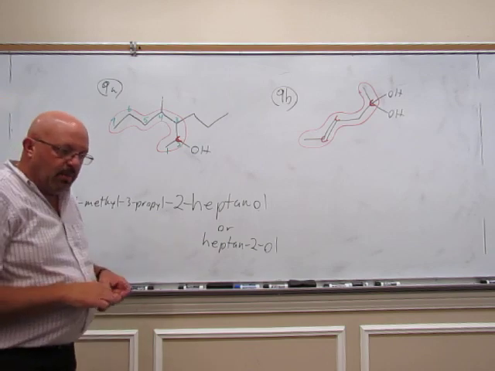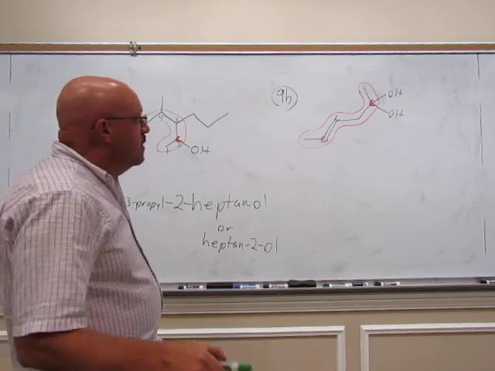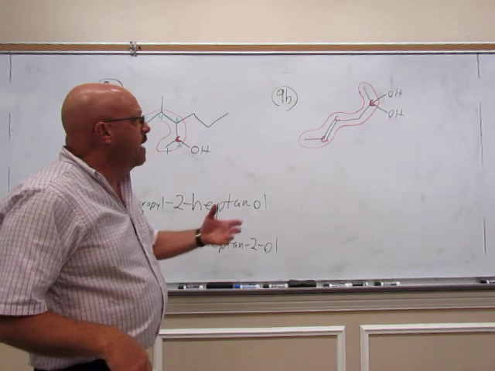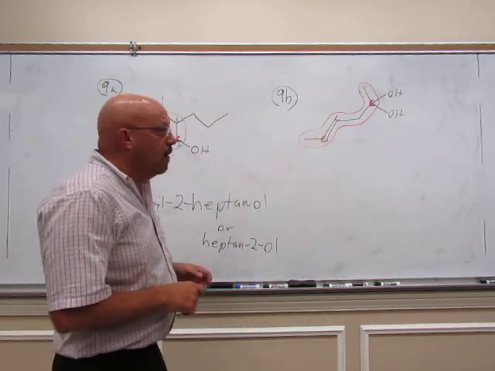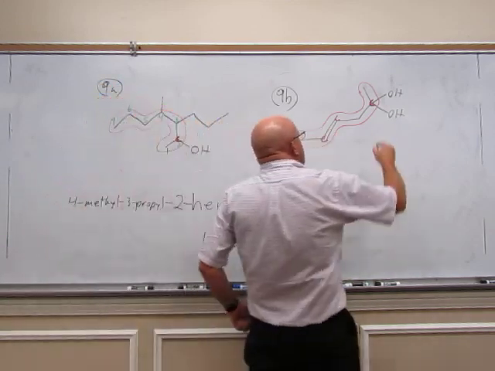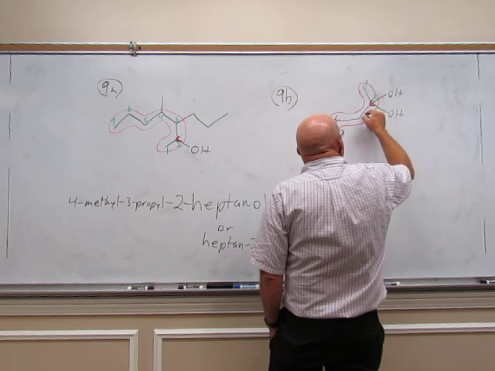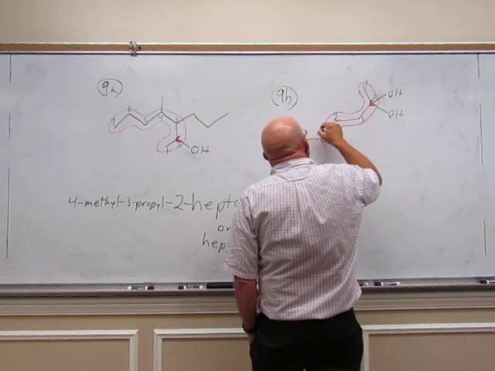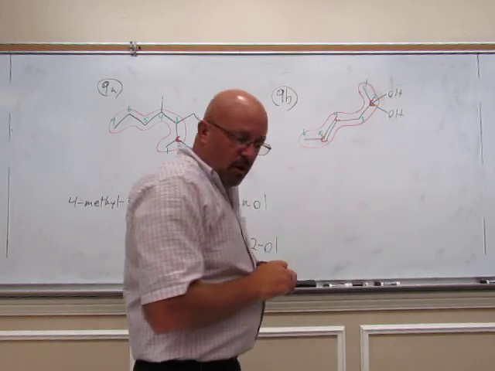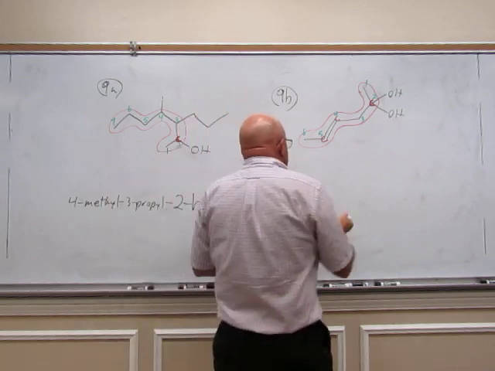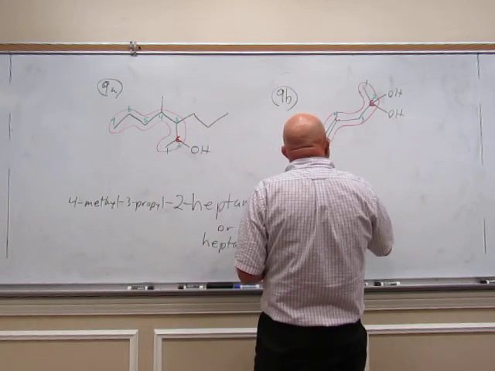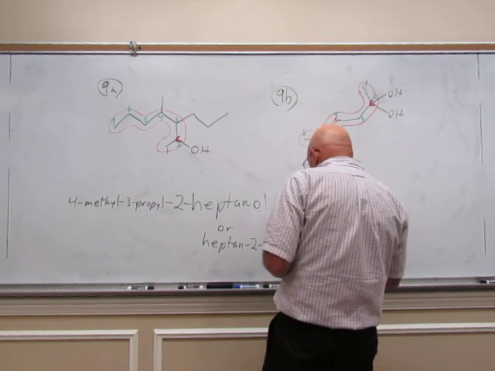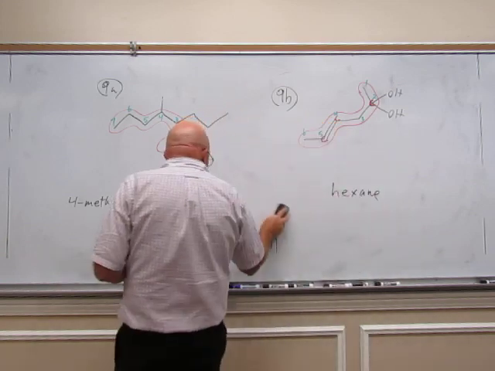Let's number the chain. We start with the end that the OH groups are closest to. They take precedence over the double bond in numbering. We have 6 carbons in the chain. 6 carbons as an alkane would be a hexane, but it's not an alkane, it's an alkene.